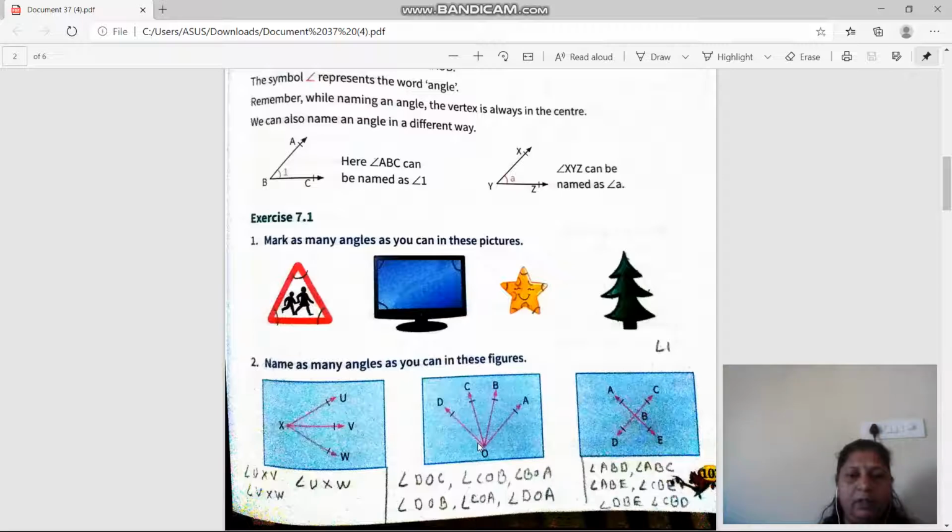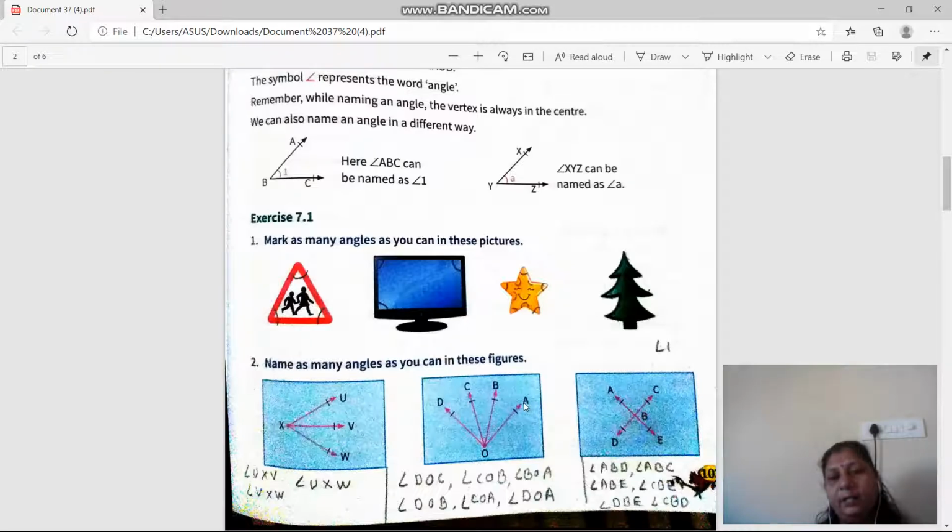Next, angle D, O, C, then C, O, B, then B, O, A. These are three small angles, 1, 2, and 3. Okay, 3 angles are there. Now next, D, O, B, then C, O, A, and the big one, A, O, D or D, O, A.